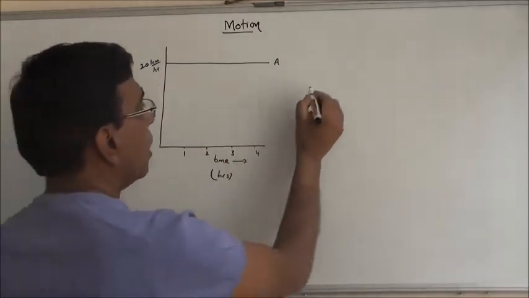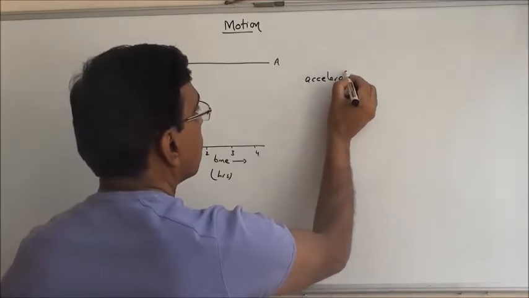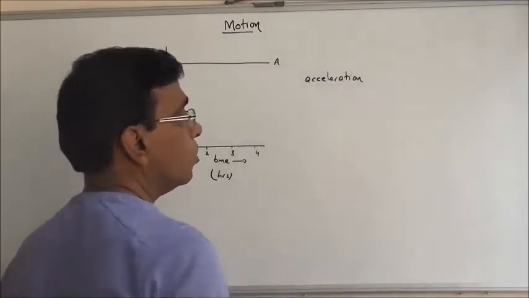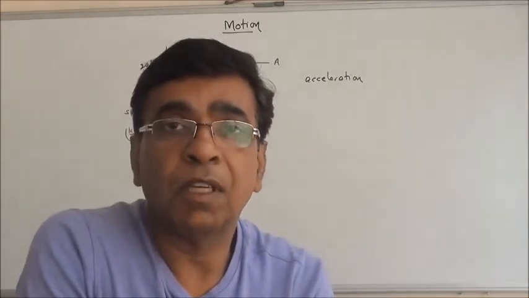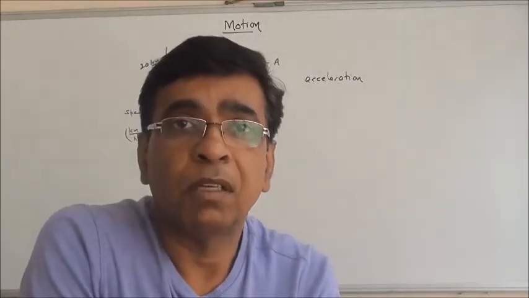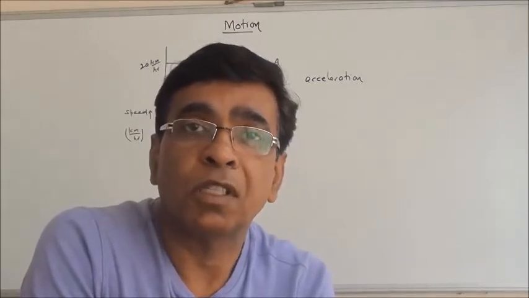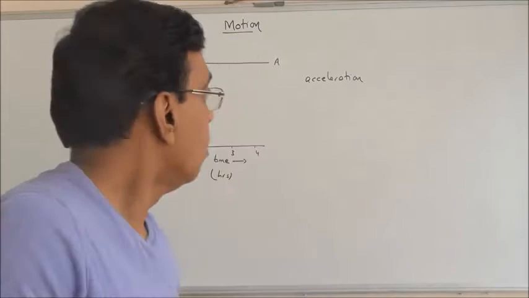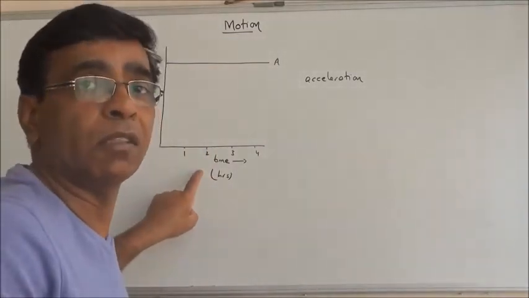Speed upon time is acceleration. So just as using a distance time graph we can find out the speed, and a displacement time graph we can find out the velocity by finding the slope, from a speed time graph we can find out the acceleration.